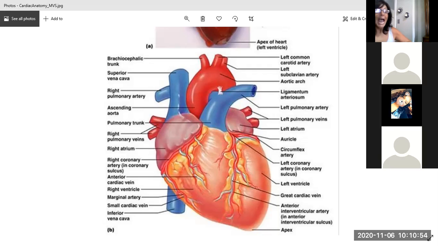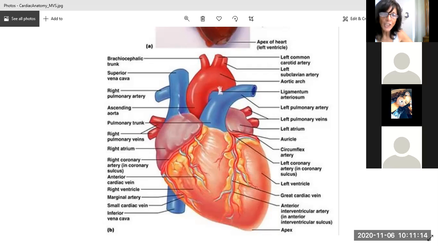Okay? How do we diagnose heart failure? So, echocardiogram. An echocardiogram is just an ultrasound of the heart, okay? But we get one big piece of information from it, and that's the ejection fraction, and this you need to know.